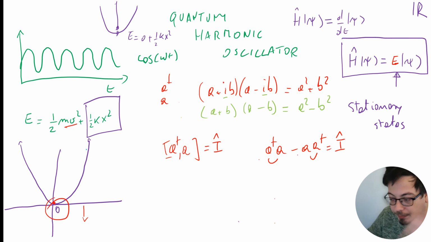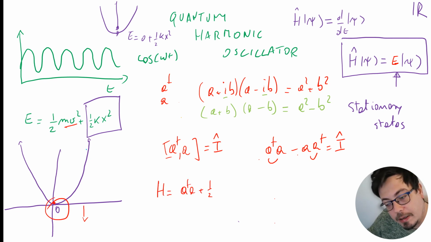So when we swap the order of the operations, the result might change. Okay, so let's see what happens. We said already that our Hamiltonian can be written as a dagger a plus 1/2, times h bar omega, so a bit of energy, and this is in fact due to this commutation. There is an identity here, because these are operators and here is a number, so something odd.